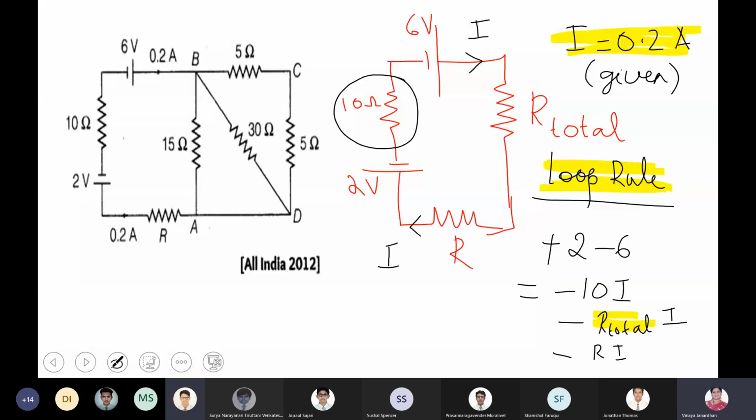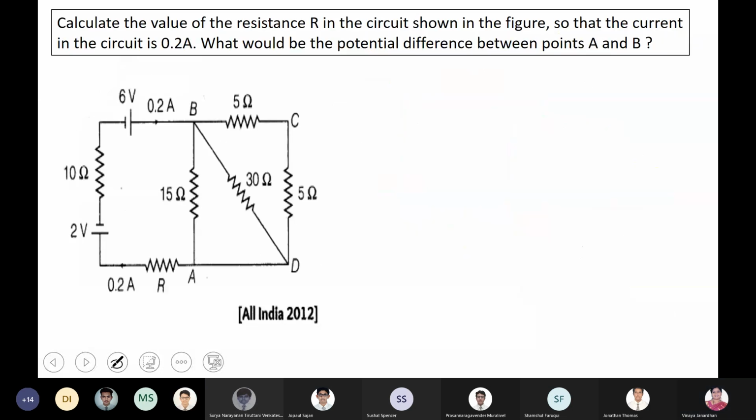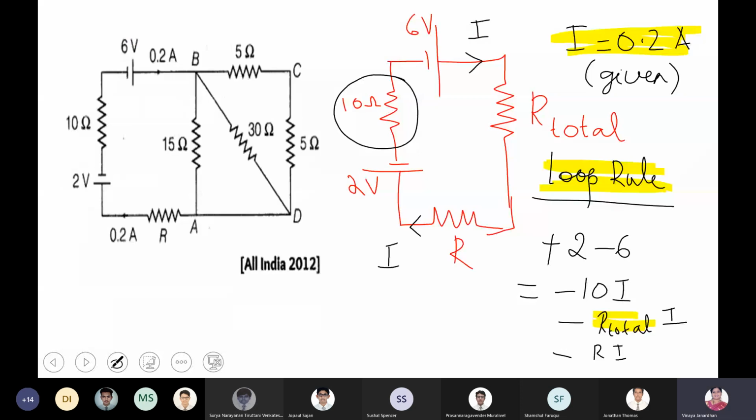Ma'am, could you show the question? What is the value of R? Here, if I go for this, minus 4 must be equal to minus 10 into the current, which is 0.2.